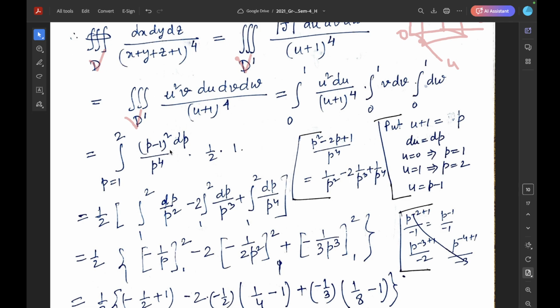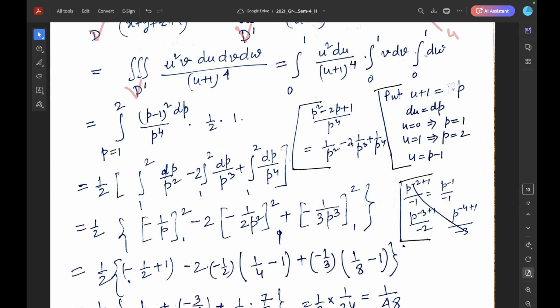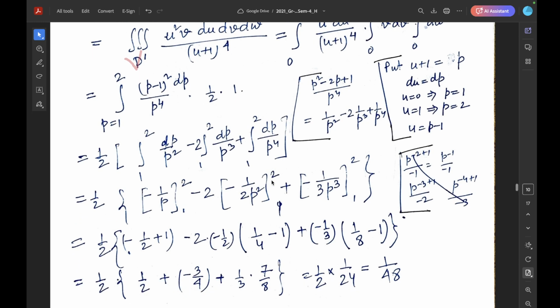Now (p minus 1) whole square means (p square minus 2p plus 1) divided by p to the power 4. So we can write 1 by p square minus 2 into 1 by p cube plus 1 by p to the power 4. So this integration 1 to 2 dp by p square minus 2 integration 1 to 2 dp by p cube plus integration 1 to 2 dp by p to the power 4.